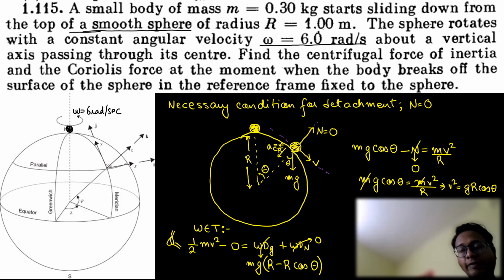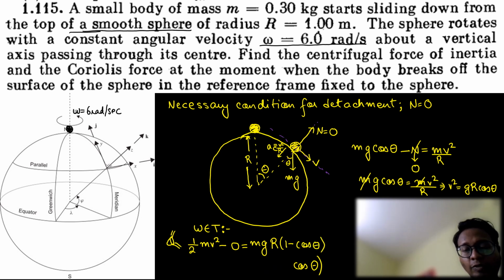Writing this upward, taking r common: mg r (1 minus cos theta). I'm erasing the down part, then erasing 0.